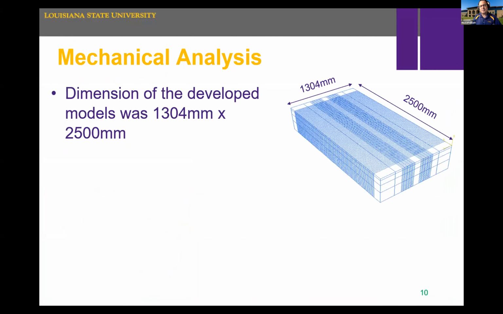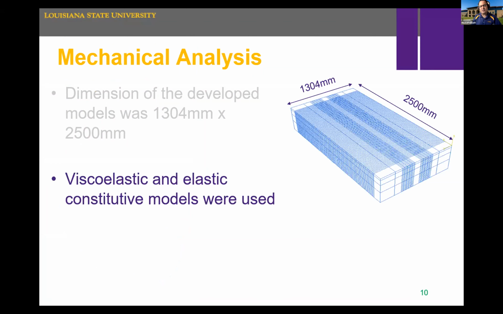With respect to flexible pavement, these are the dimensions of the model, and we use viscoelastic constitutive models for the asphalt layer, and that's quite important because we wanted to look at the mix properties, and this is the best way to do that. And for the underlying layers, we use elastic constitutive modeling based on the available data that we had for the study.